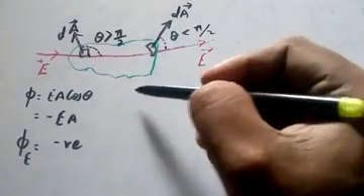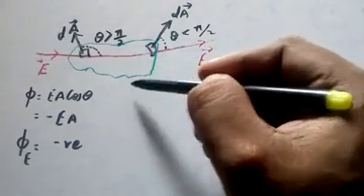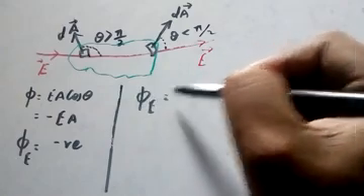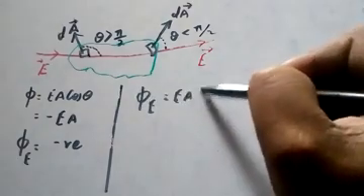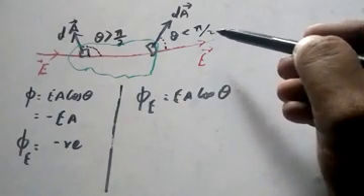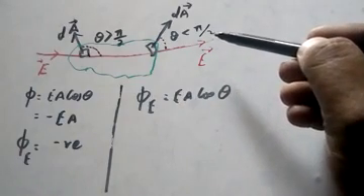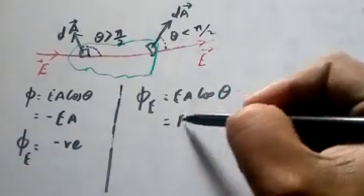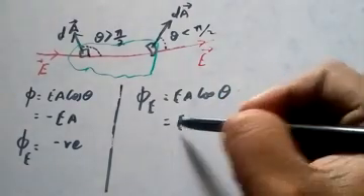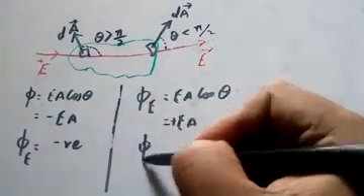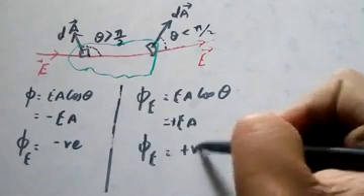Now let me go to the right side. On the right side we have flux phi E equal to EA cos theta again, but the angle is less than 90. For example, cos 0 is 1, so EA into 1 is EA, a positive value. So in this case phi E is positive.